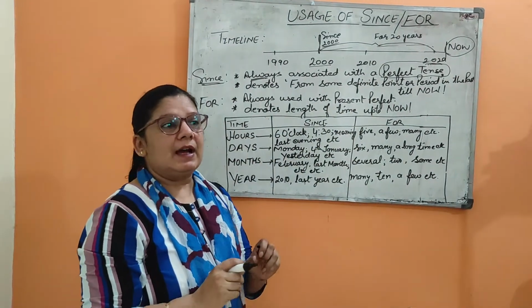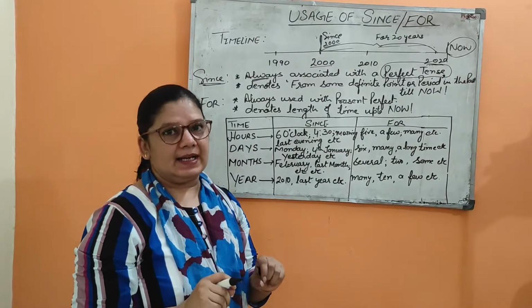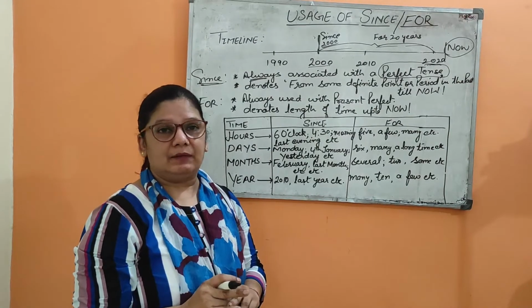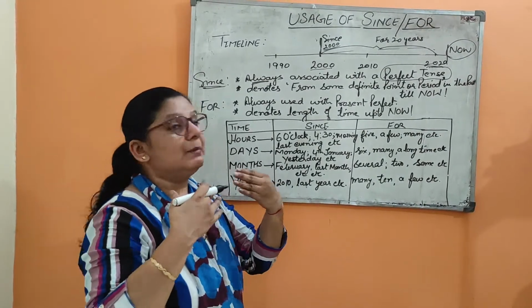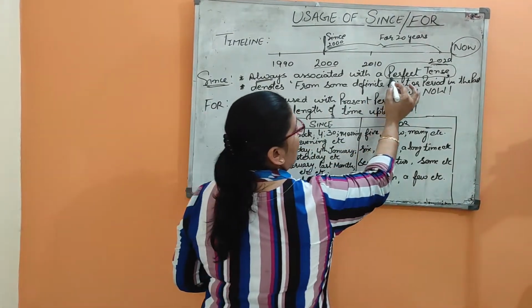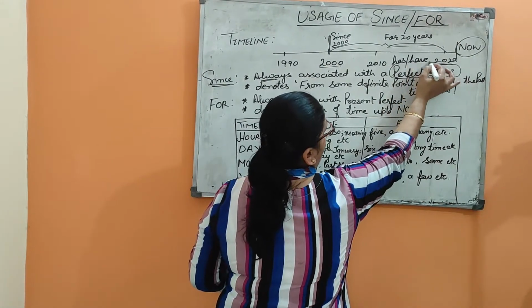Perfect tense means you have to include either have, has or had. That depends upon the singularity or plurality of the subject. Subject means whatever person is being talked of. I will be giving examples. So keep in mind, perfect tense means to be used with have, has or had.